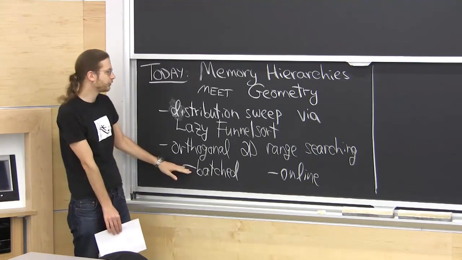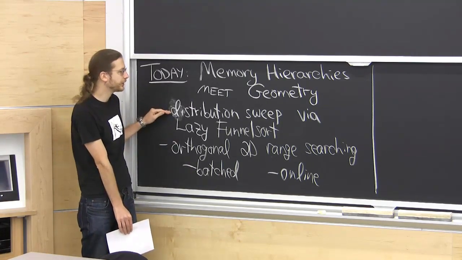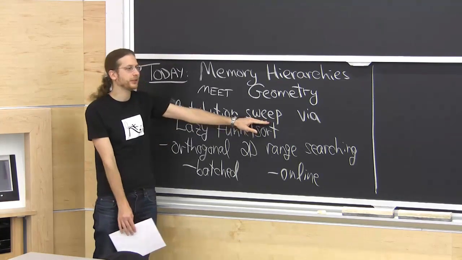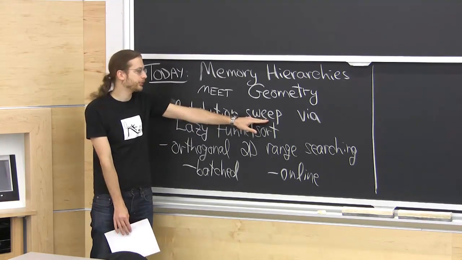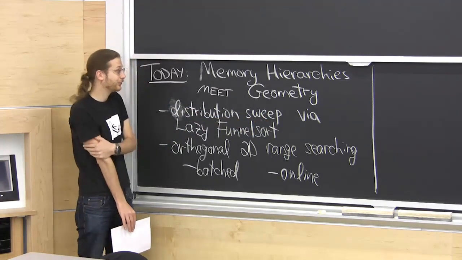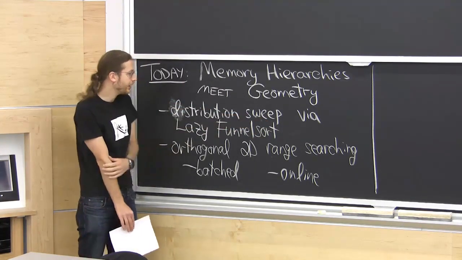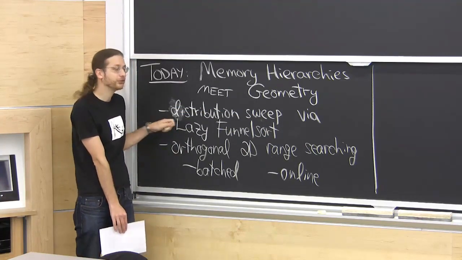And to do the batched version, we're going to introduce a new technique called distribution sweep, which is a combination of the sweep line technique we saw back when we used persistence to make a sweep line thing into a data structure thing. But we're just going to use the algorithmic version of that, plus a cache-oblivious sorting algorithm.